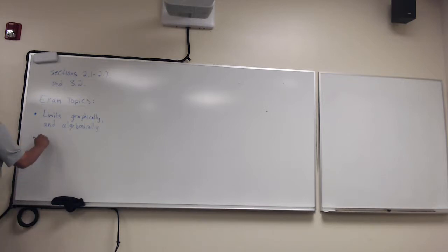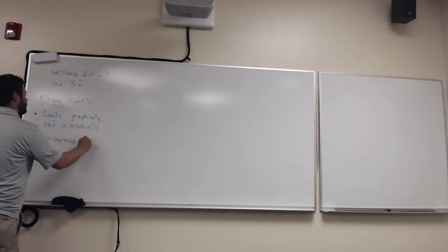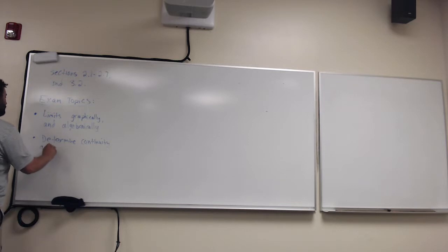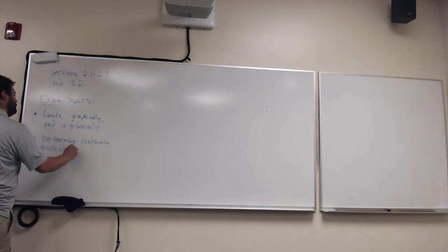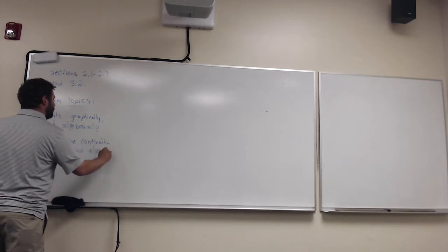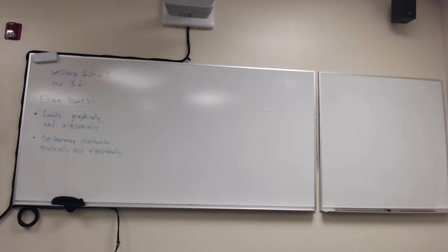Next, determine continuity graphically, and I guess we can do that algebraically as well. For that one, do you want us to say which of the three it is? Yeah. I'll ask you, is the function continuous at this point?